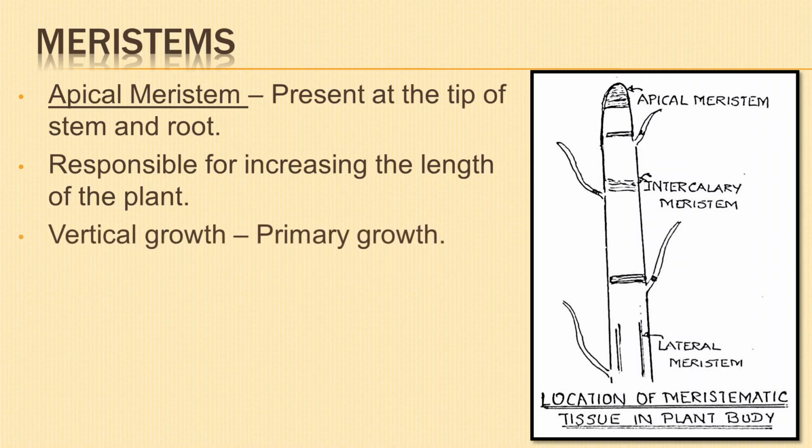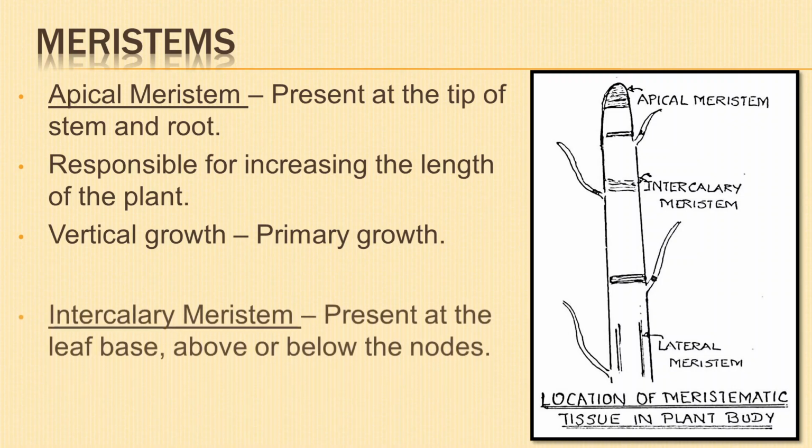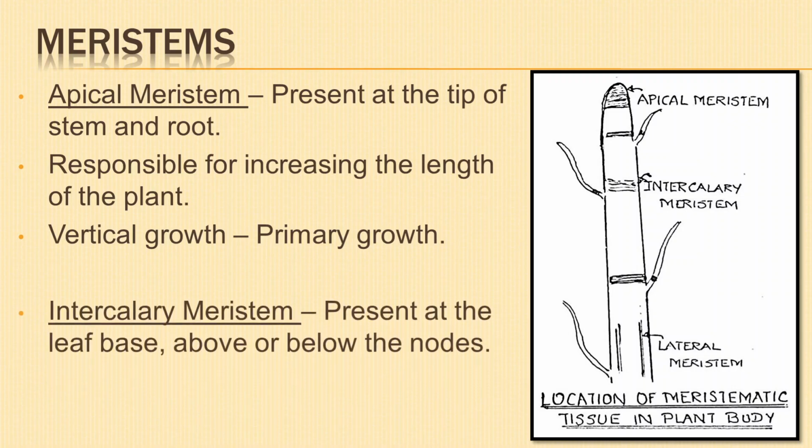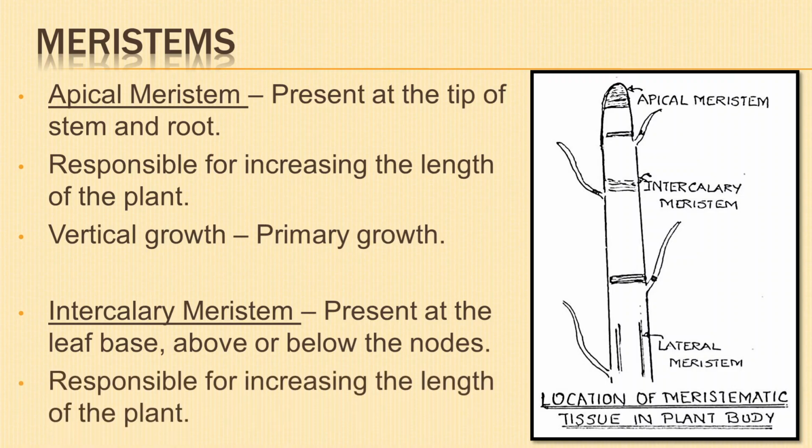This vertical growth is also known as primary growth. Intercalary meristem is found at the leaf base, above the nodes or below the nodes, and is also responsible for increasing the length of the plant.